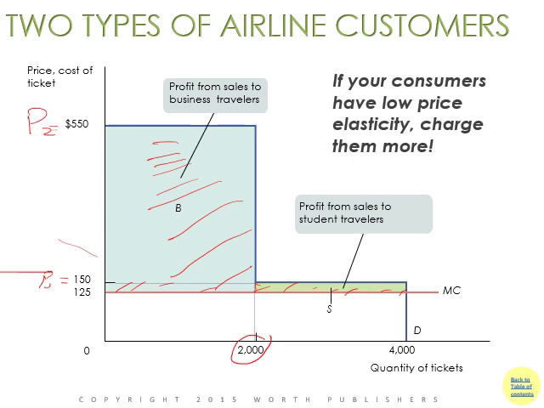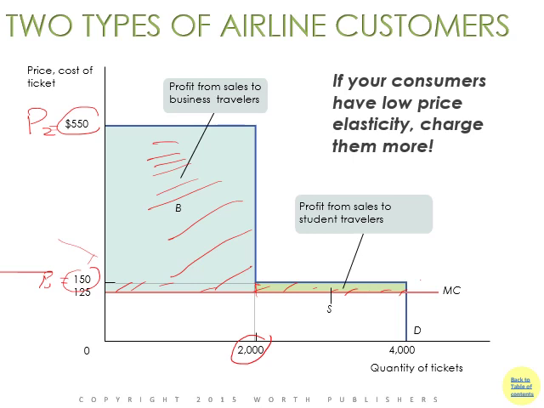So in price discrimination, if we can segment the markets, we could charge a price of $550 to the general business travelers. We could charge a price of $150 to students, and in doing that, we would be able to increase our profits by the amount of profit, $75 per ticket for an additional 2,000 tickets.